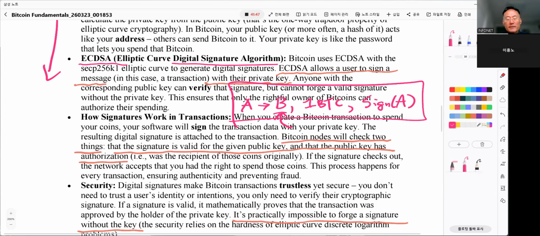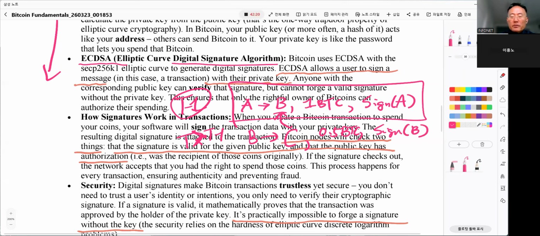Okay, all right. So if this is given in the blockchain ledger, then after this time point, let's say time point one, B can send C, let's say 0.5 Bitcoin by signing this transaction.